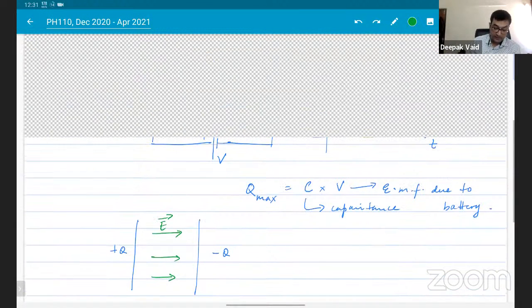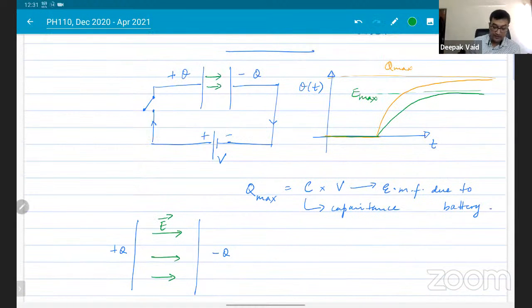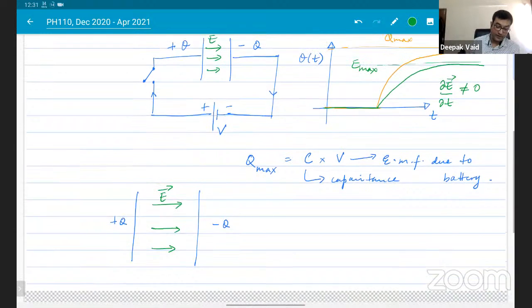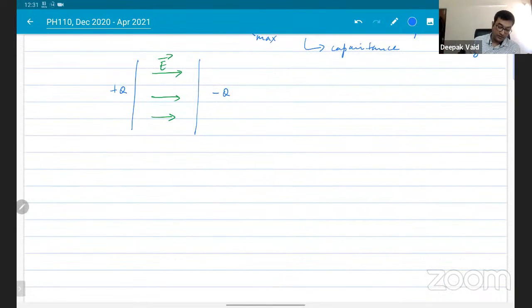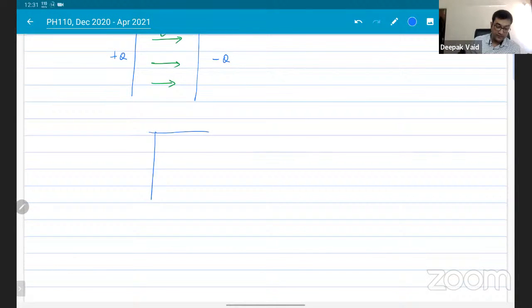So that means there will be some electric field here. And while this electric field is charging, what is the time derivative? It's not 0, right? The electric field is changing with time. So I have this circuit now.